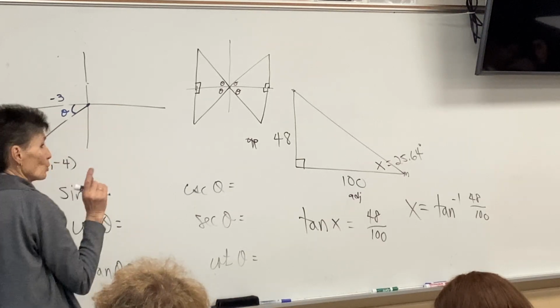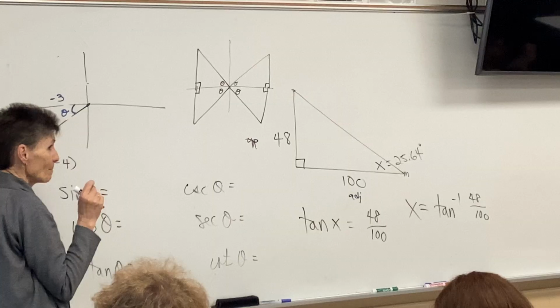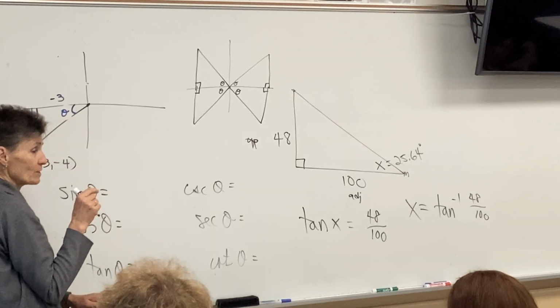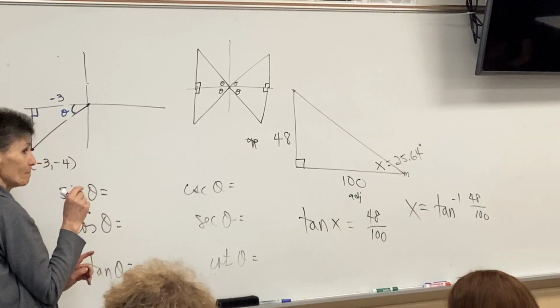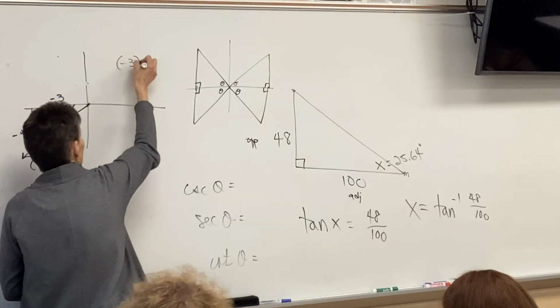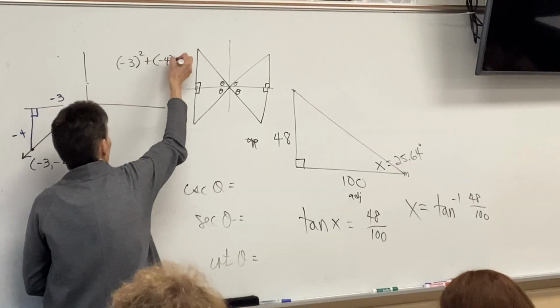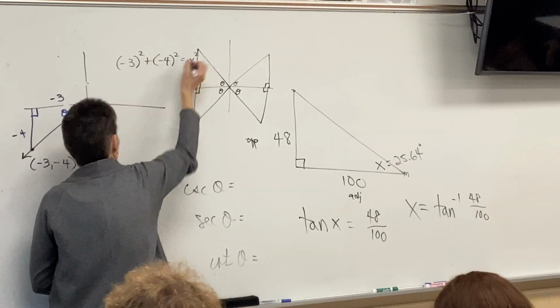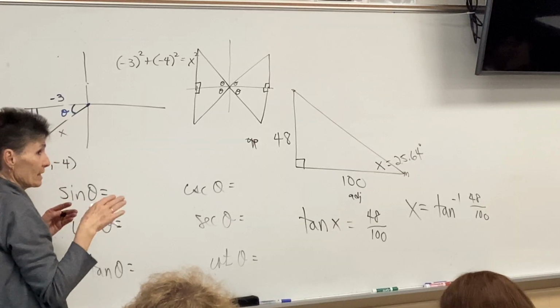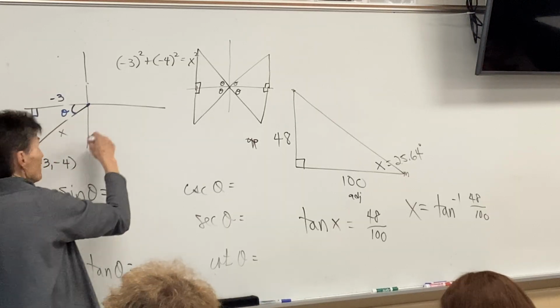Remember when you square something, it's automatically positive. So don't, especially if you're using your calculator, don't get messed up with that. This is going to be -3 squared and -4 squared equals x squared. I don't even do the negatives because I know when I square it's going to be positive.